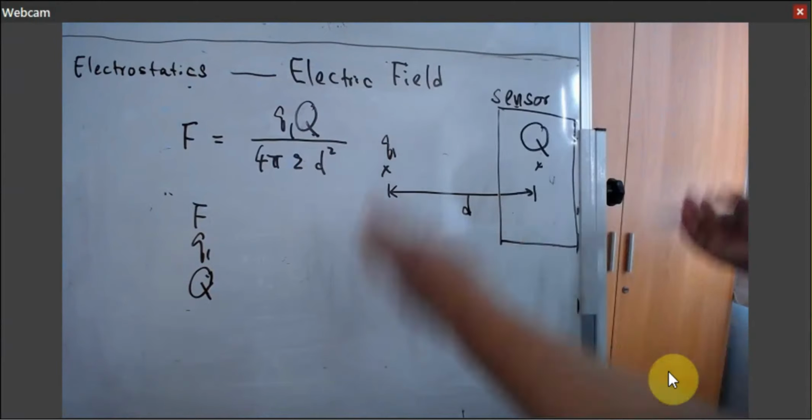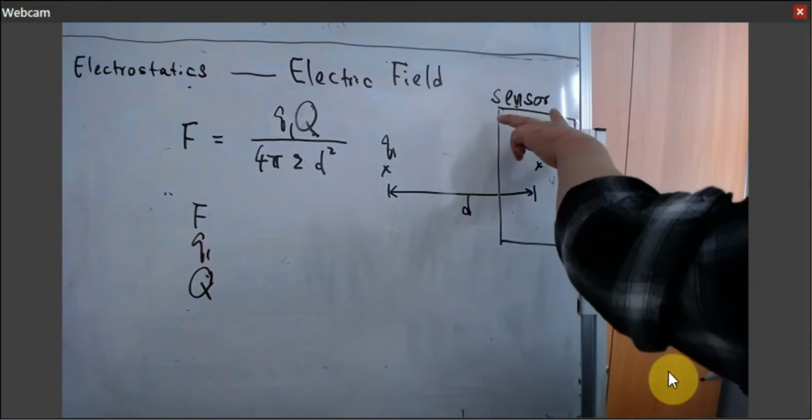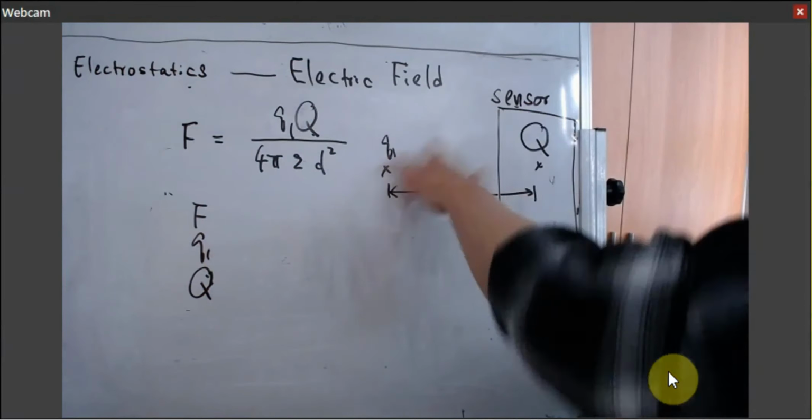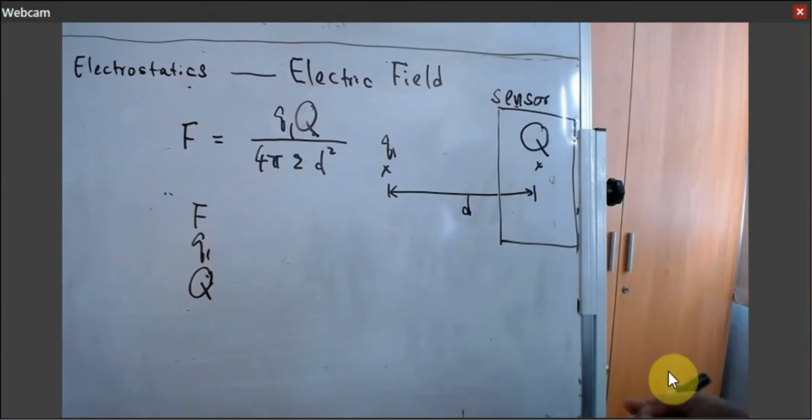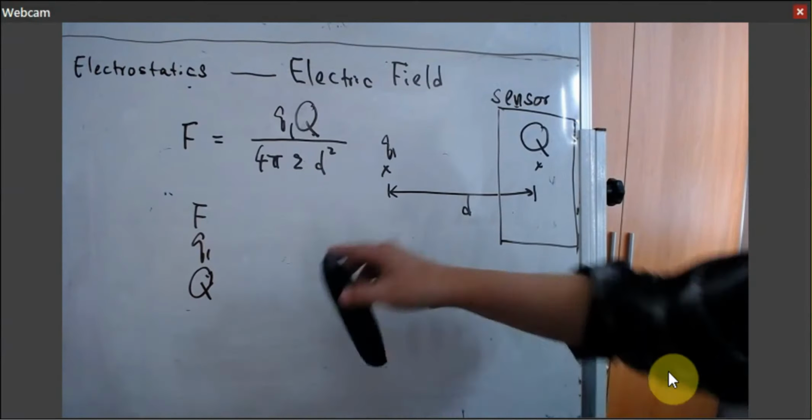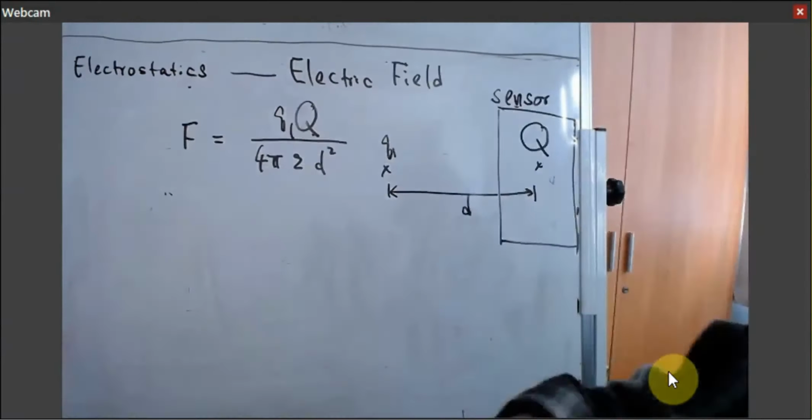But in this case, we are going to use the sensor to detect the presence of Q1. So what can we do? We can invent another variable.